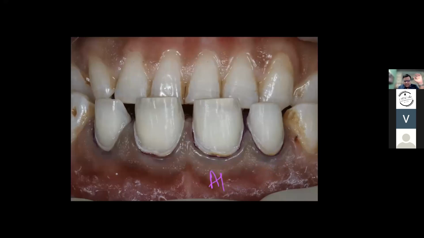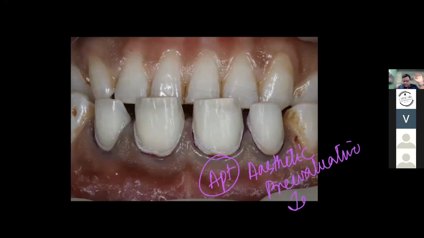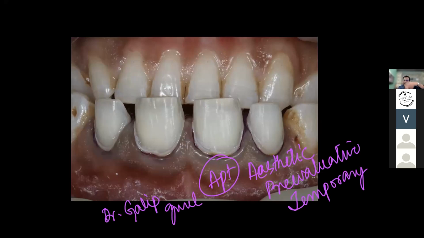This is the APT technique, or the aesthetic pre-evaluative temporary technique, given by Dr. Galip Gurel. This is called the APT technique, the aesthetic pre-evaluative temporary, where you pre-evaluate the temporary and now you are prepping through that temporary rather than prepping directly through the tooth.